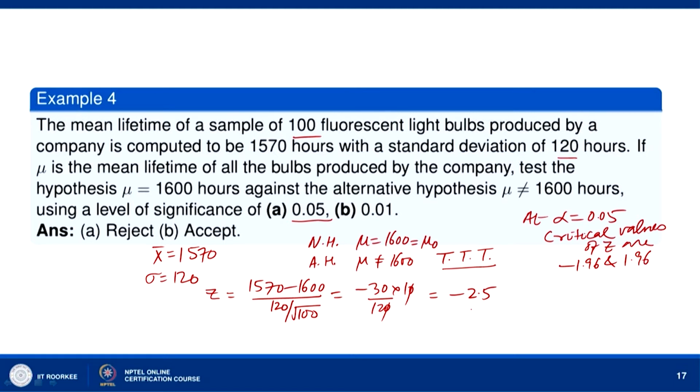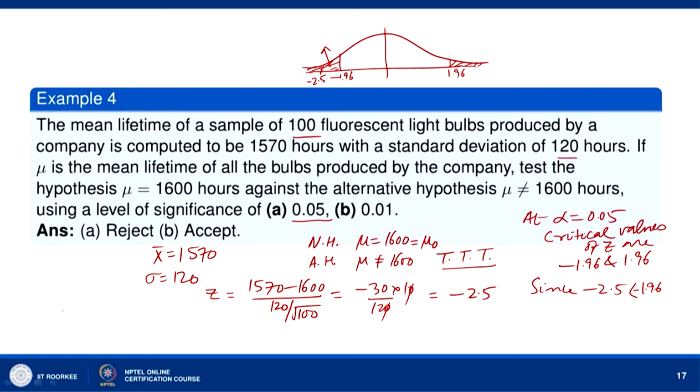Now, we can see that minus 2.5 is less than minus 1.96. This is the critical value minus 1.96 and this is 1.96. This area is alpha by 2, and this area is alpha by 2. Now, minus 2.5 lies here somewhere. So, minus 2.5 is less than minus 1.96 and therefore, this is the region of rejection of H naught.